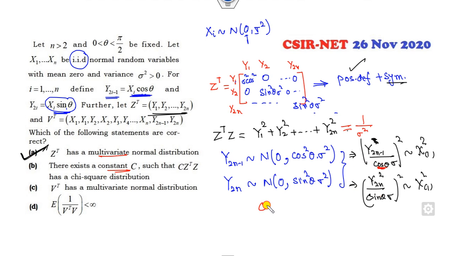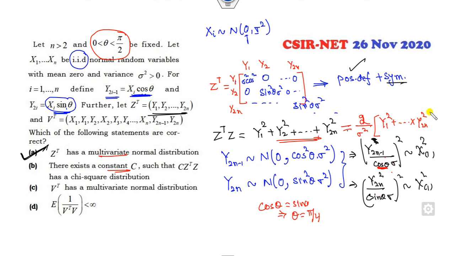When they are the same: cos theta is sine theta, then only you can take it outside. So theta is pi by 4, and pi by 4 lies inside the range. So when you take theta as pi by 4, it is 1 by root 2. So sigma by root 2, or you can say 2 over sigma is outside.